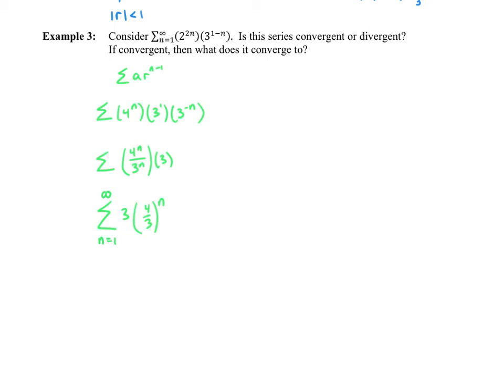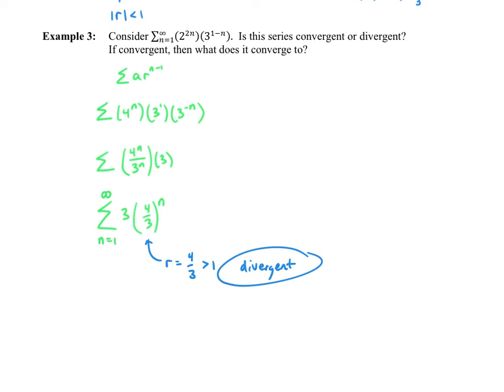And so we know, by looking at our new form, that r is 4 thirds. So the question is, is it convergent or divergent? Because this is greater than 1, this geometric series is divergent. And so we don't want to worry about finding any kind of sum, because a sum does not exist.